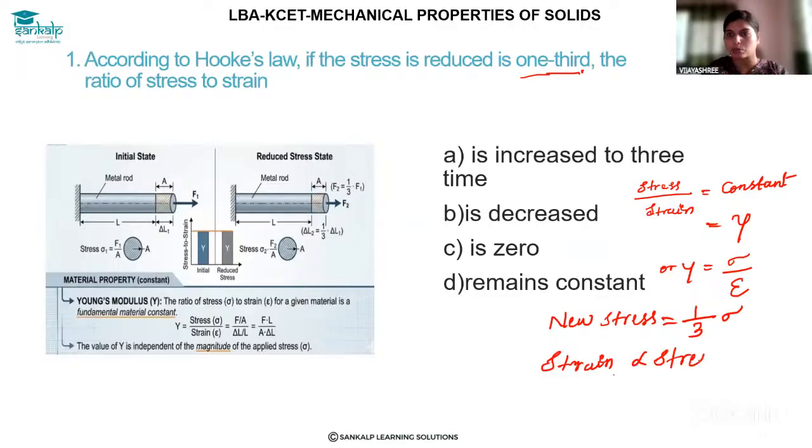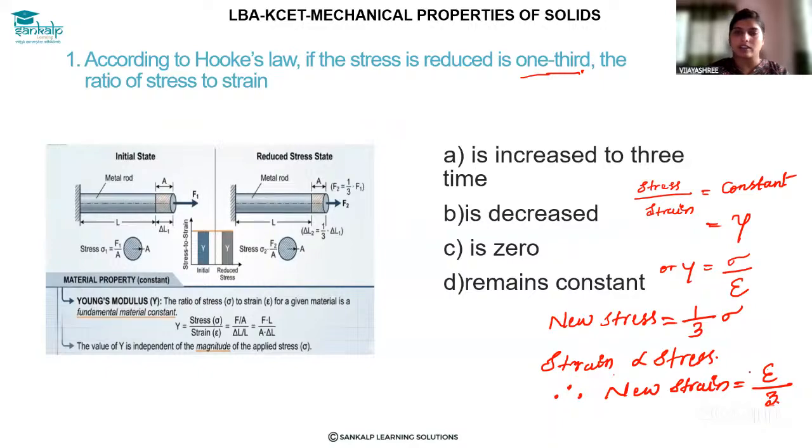Therefore new strain is equal to epsilon by 3.